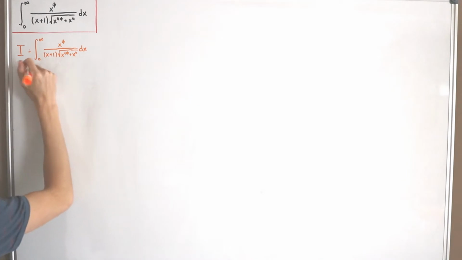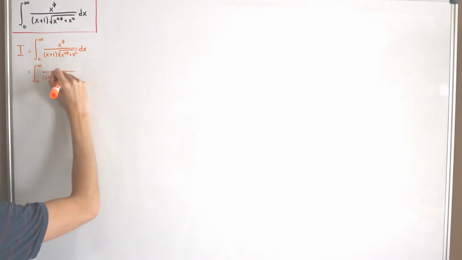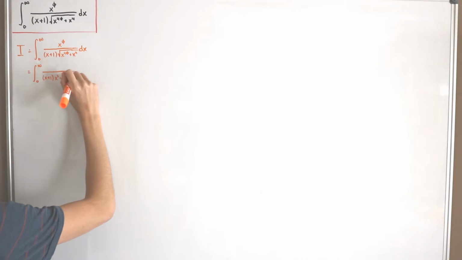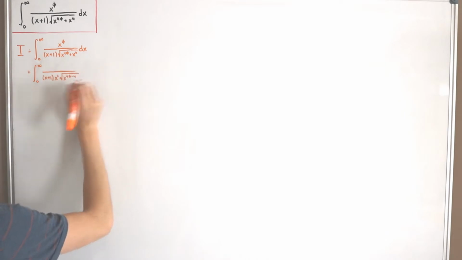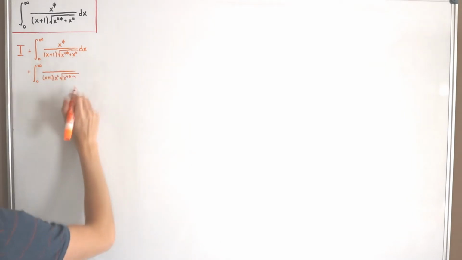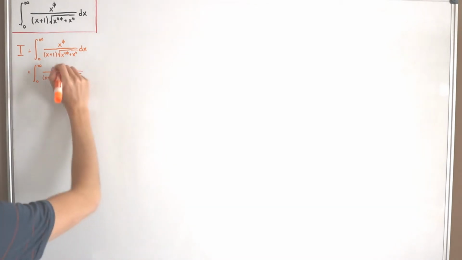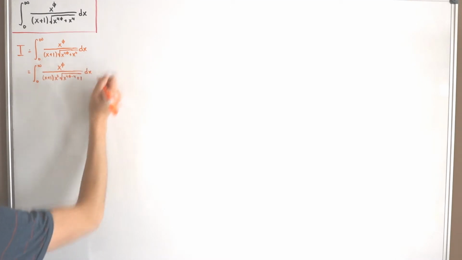So we have x plus 1, then x squared, multiplied by the square root of x to the power 4 phi minus 4, plus 1, because I factored out the x to the 4 from inside. The numerator still remains the same, dx.